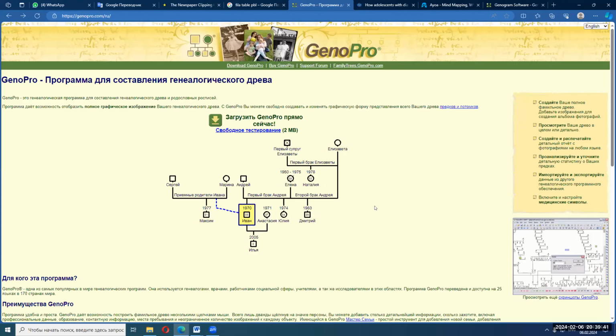That's an interesting tool. I forget the AI website which can help you to create your genetic tree. That's it, briefly.